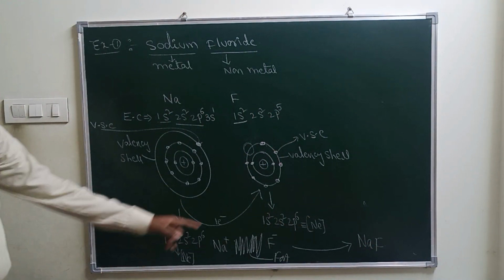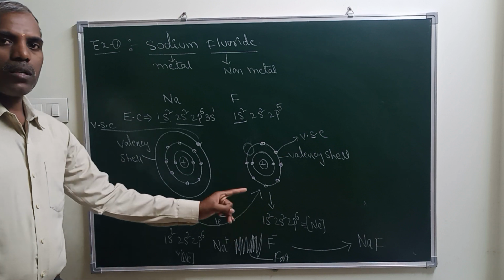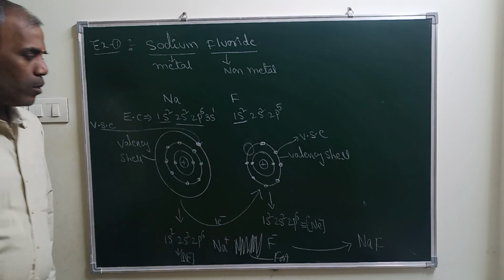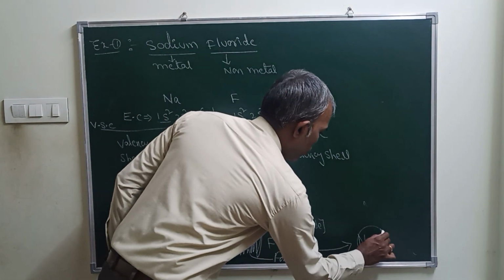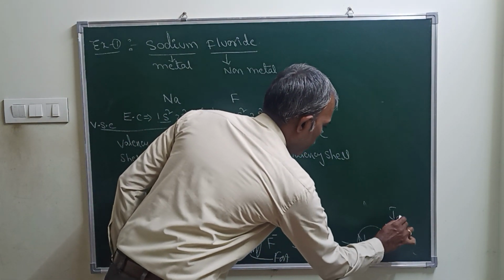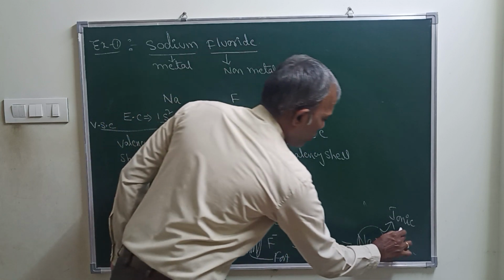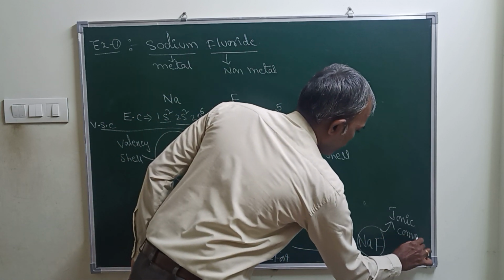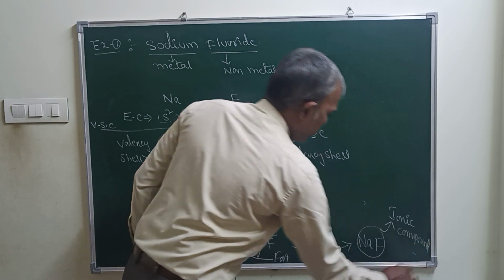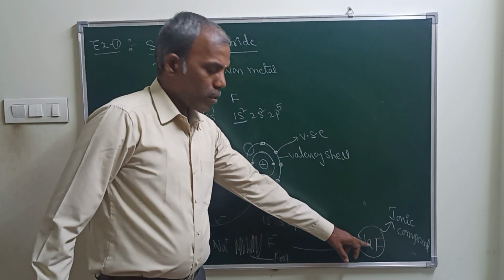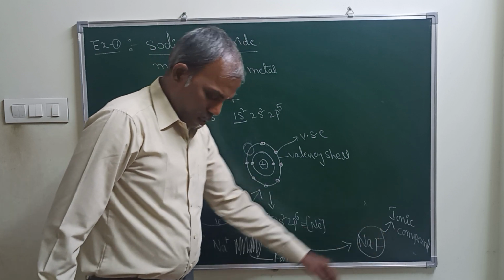NaF is formed due to transfer of 1 electron from sodium to fluorine. Since there is an ionic bond, the compound is an ionic compound. The bond between sodium and fluorine is ionic bond and the compound is ionic.